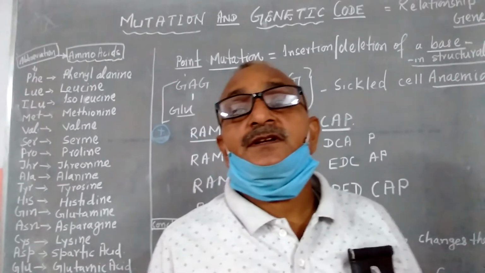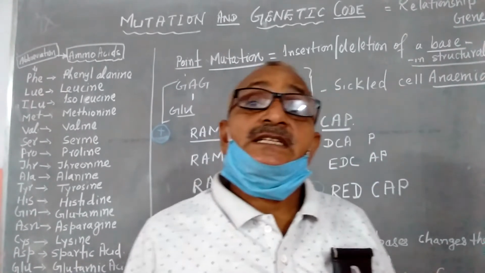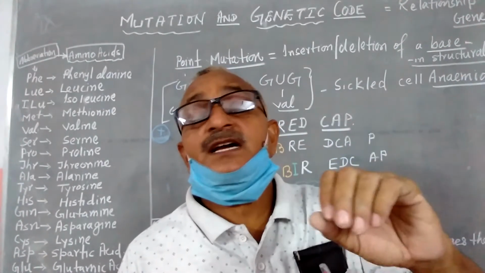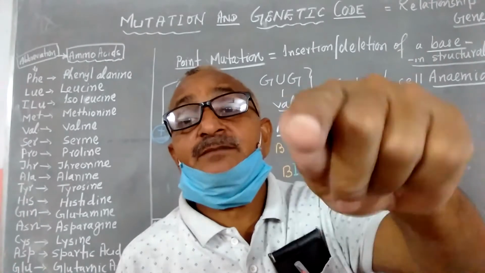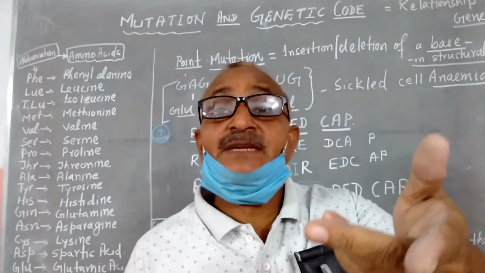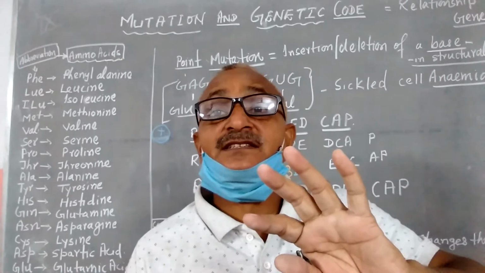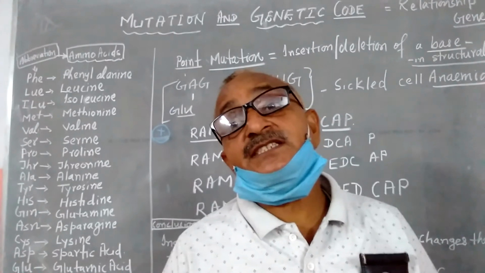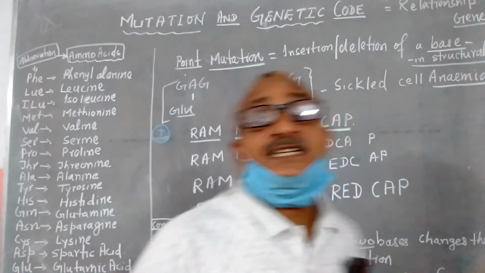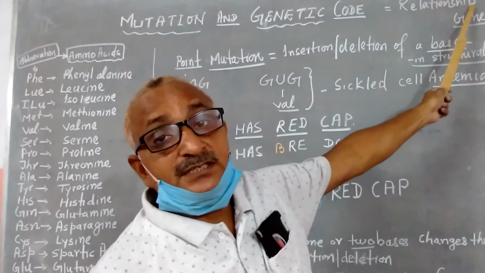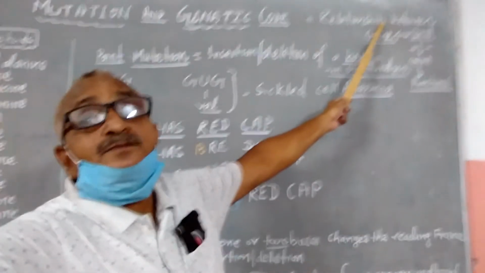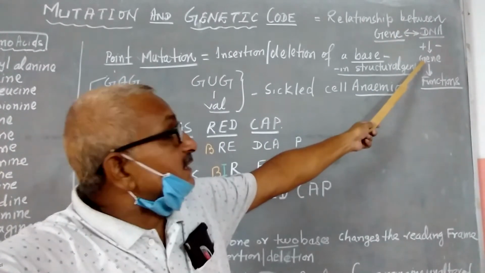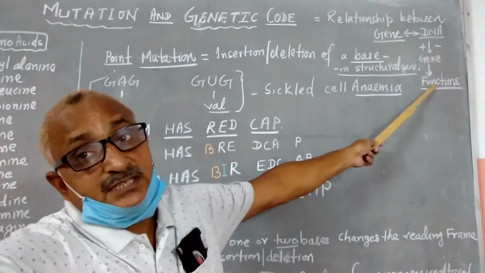When there is a change in DNA, there is no difference in the sugar and phosphate. Only the sequence of the bases, adenine, thymine, cytosine, and guanine, is changed. That gives the change in the gene, and when there is a change in the gene, the functions also change.